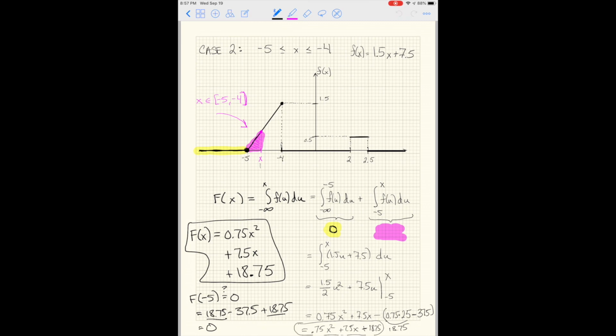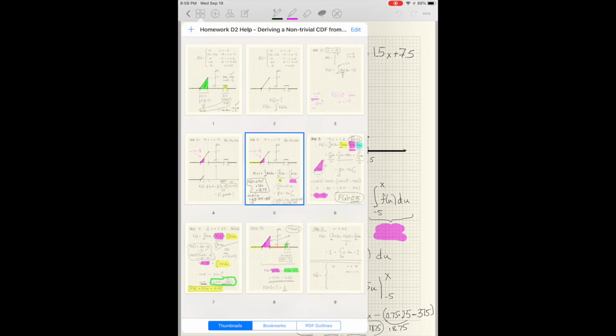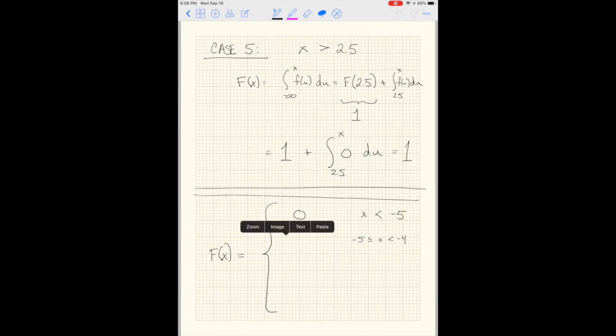So if I wanted to, I guess I could just copy this expression here. Okay, so that's just from that previous part.